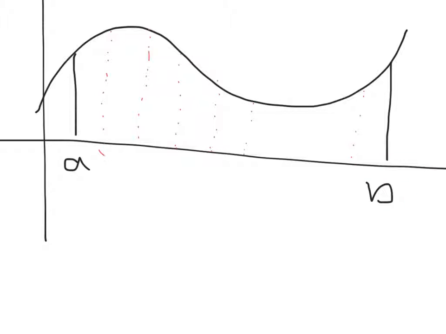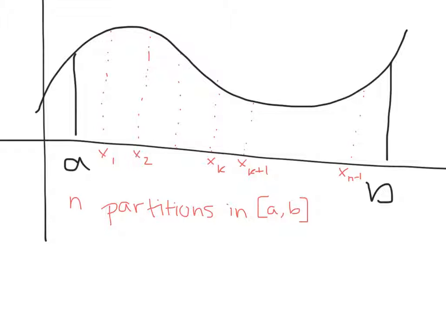So we can call this partition x1, this partition x2, xk, xk plus 1, x to the n minus 1. Okay, so I've labeled it. So now I have n partitions in my interval a comma b, and I'm using closed brackets because in this case my endpoints are enclosed.